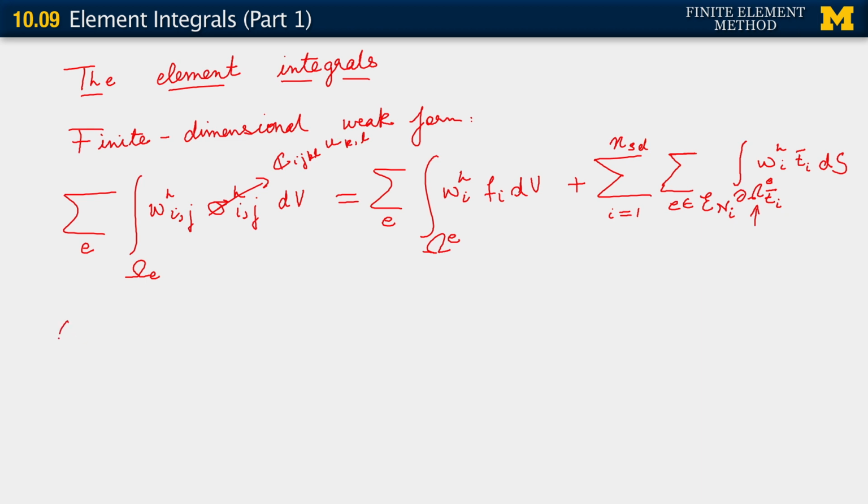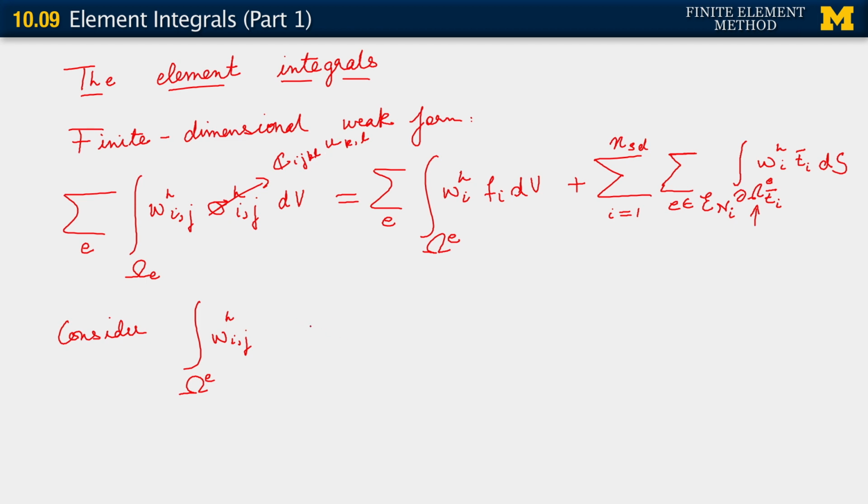So we will, as always, start with the left-hand side integrals. Consider first the integral over omega e of w^h_{i,j}. I'm going to directly go to the representation including the elasticity tensor.